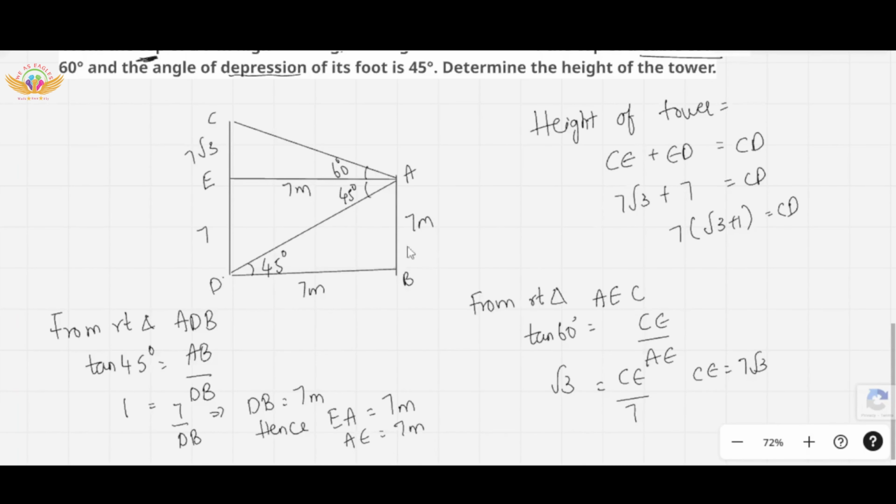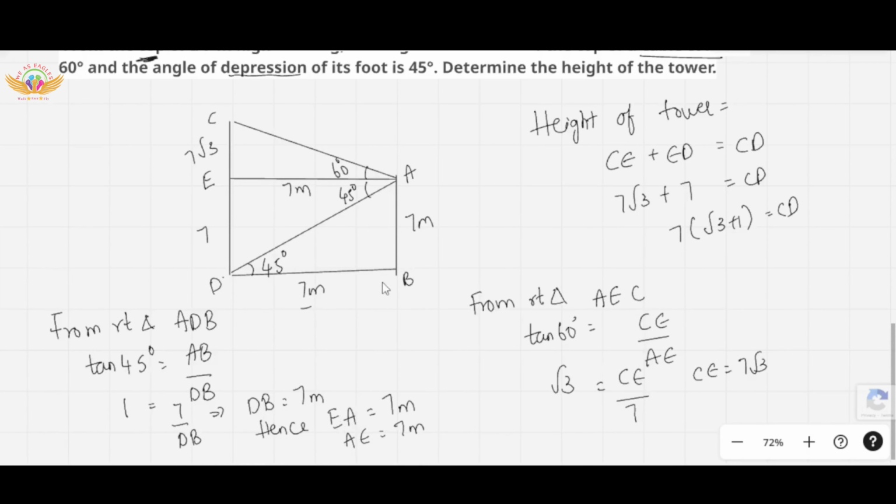So here I want to explain it again. We have taken 2 right angle triangles, and here I have taken tan 45, here I have taken tan 60. Here tan 45 is AB by DB, opposite by adjacent. So 7 divided by DB. From here we got DB also as 7 meters only.